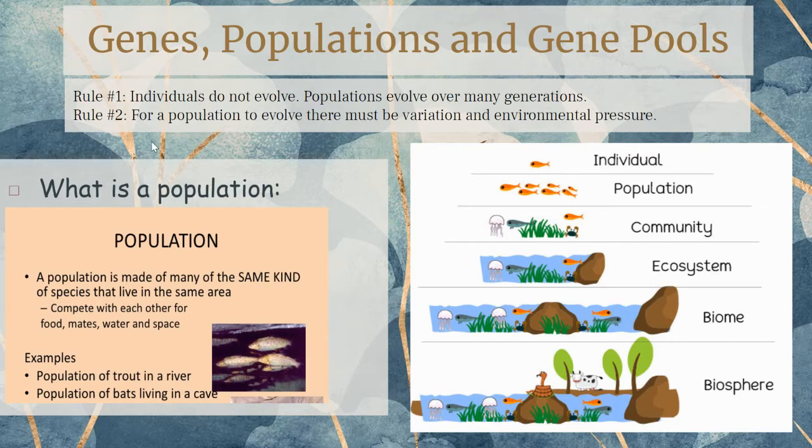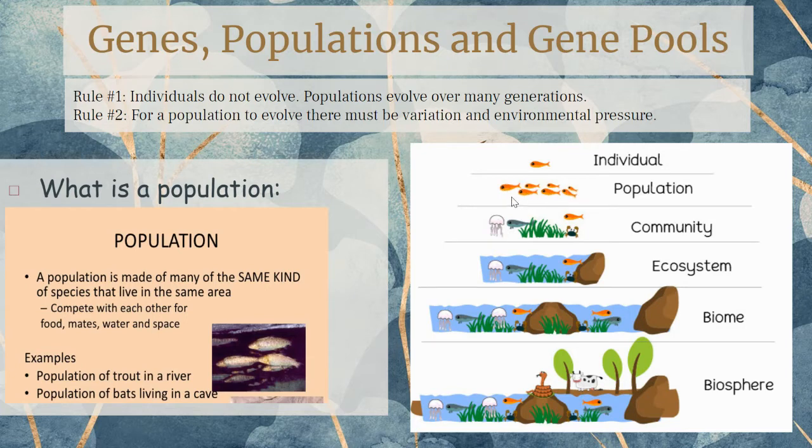Rule number two is for a population to evolve, there must be variation and environmental pressure. So remember what a population is. A population is a group of organisms of the same kind of species that live in the same area. A population competes with each other for food, mates, water, space, all types of resources. If we look at this population of fish, you can see some are bigger, some are medium, some are tiny.